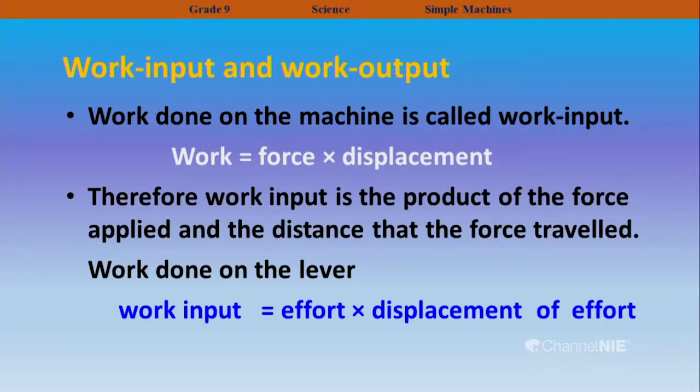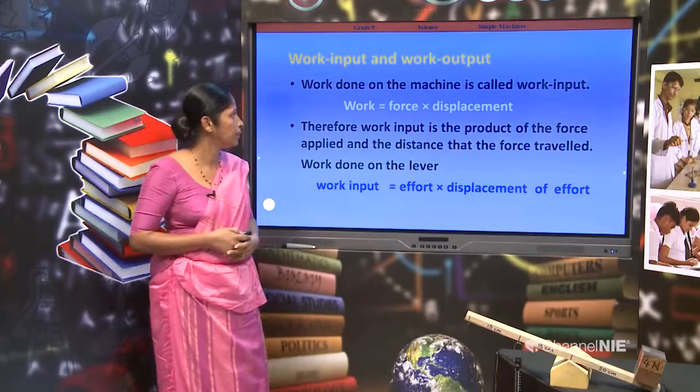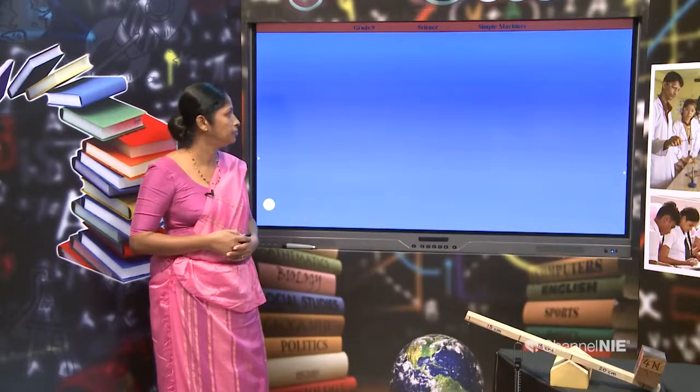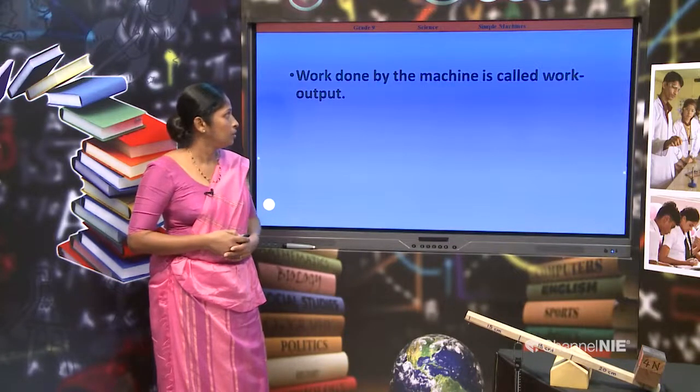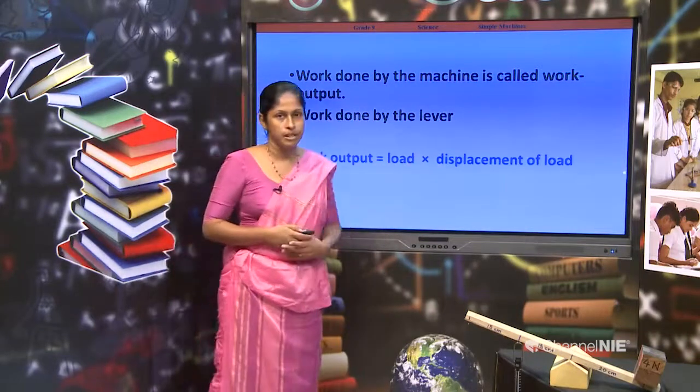So, work input equals effort multiplied by displacement of the effort. Work done by the machine: when we exert a force and do work on the machine, the machine does work back, that is called work output. Work output can be calculated as load into displacement of load.